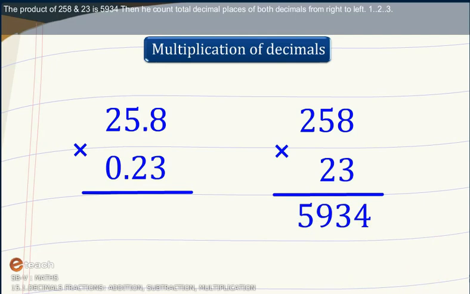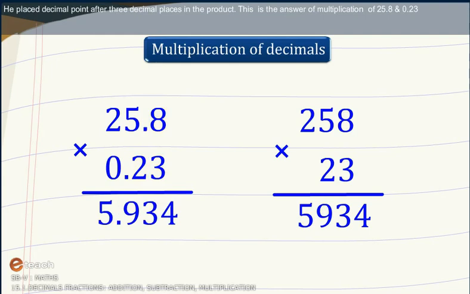Then he counts the total decimal places of both decimals from right to left: 1, 2, 3. He placed the decimal point after 3 decimal places in the product. This is the answer of multiplication of 25.8 and 0.23.